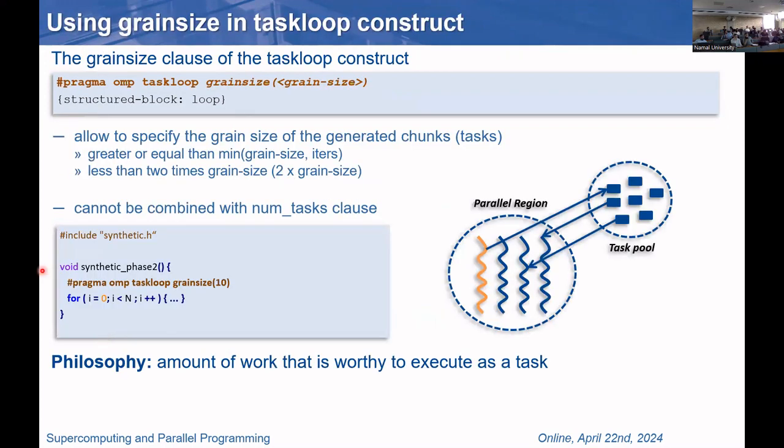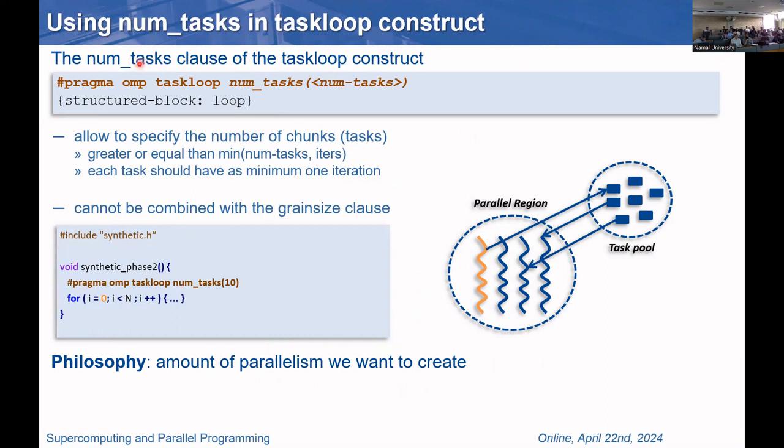So the grainsize is used when what you want to express is the work that is worth executing in a task. So you say grainsize 10, and this loop will be split in chunks of 10 iterations: 0 to 10, 10 to 20, 20 to 30, 30 to 40, etc. The other option is to use num_tasks, where we say how many tasks we want to create.